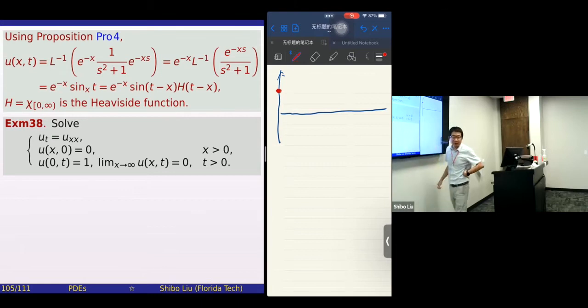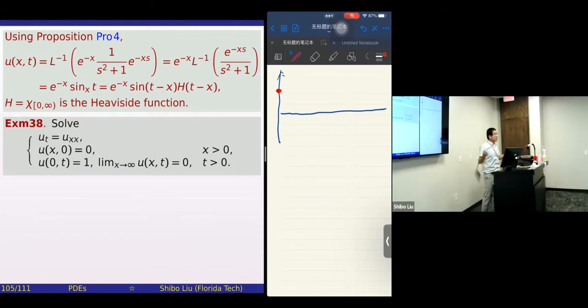This is also taken from our textbook, because when x is 0 and t is 0, 0 equal to 1 is not true. So maybe the initial condition should not be 1. Anyway, initially the temperature of the rod is 0, but at the left endpoint the temperature will change with time, replacing this 1 by a function of t. Then we ask what happens at every moment at every point on the rod. So you need to solve this problem.